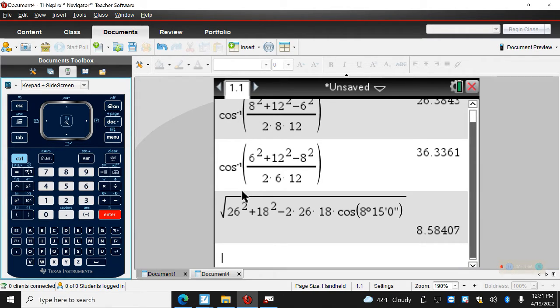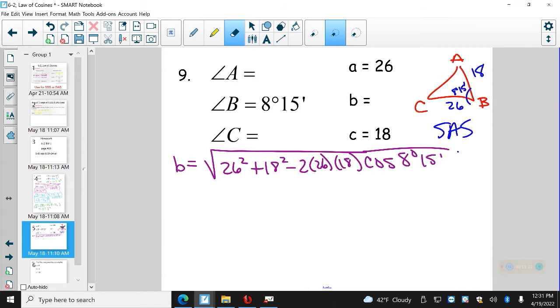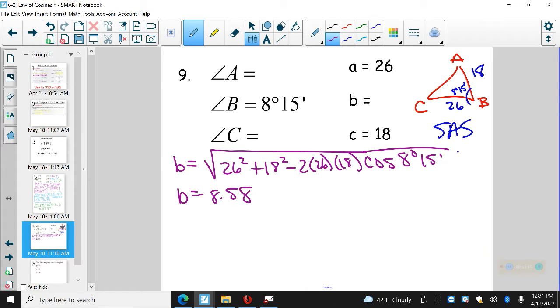This wants you to go out 2 decimal places, so what is letter B going to be? 8.58. Okay, so that's letter B. So now what?